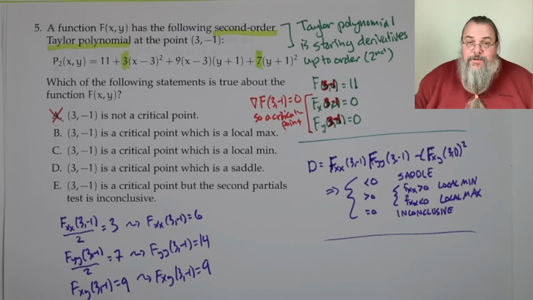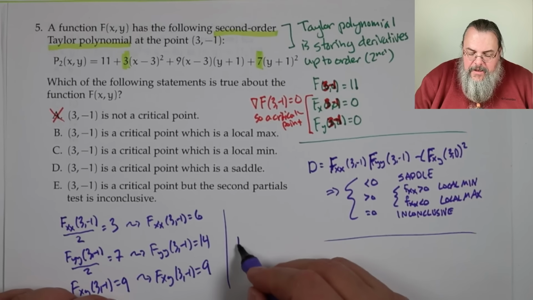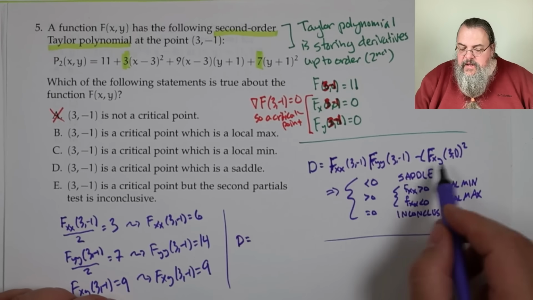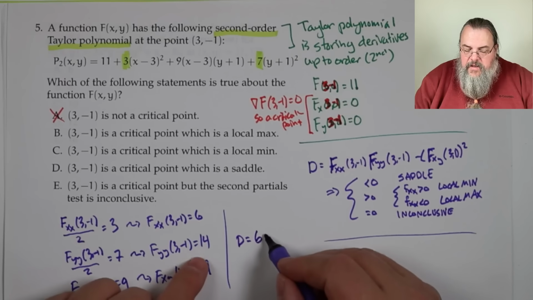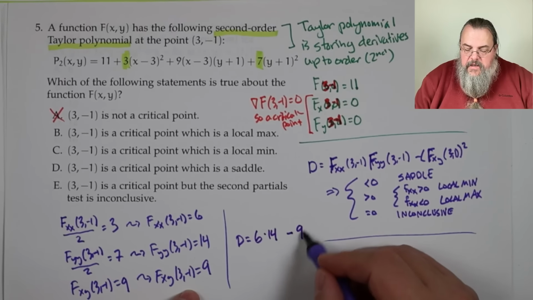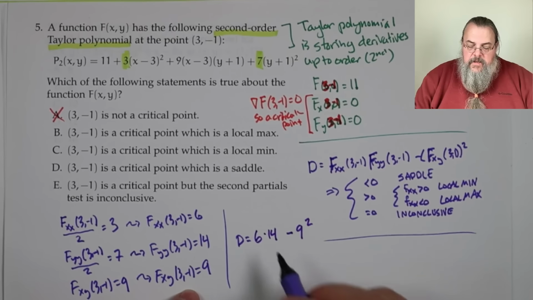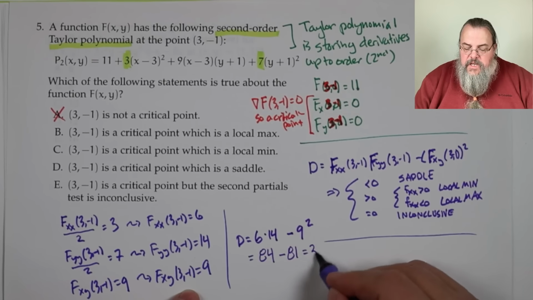Now, we're ready. Here we go. The value we're interested in is going to be 6 times 14 minus 9 squared. 6 times 14 is 84. Minus 9 squared is 81. That's 3.